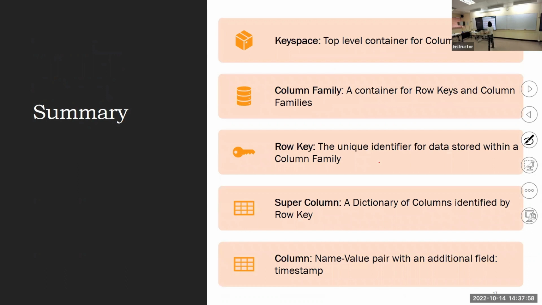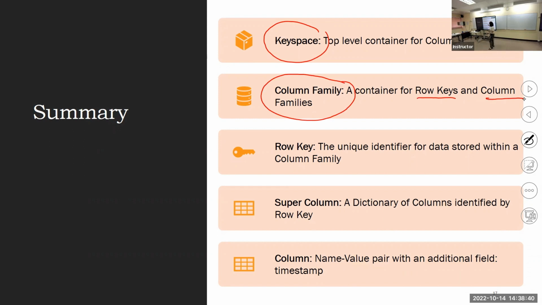So in summary, in the column family store and model, there is a concept called key space, which is a top level container that holds the column families together, right? And each column family inside a key space is of course another container, which stores row keys and column families.